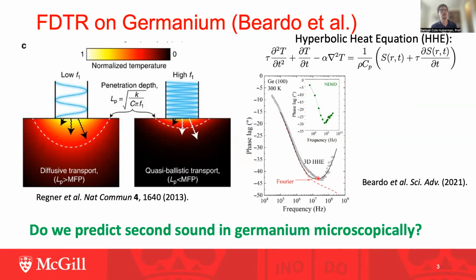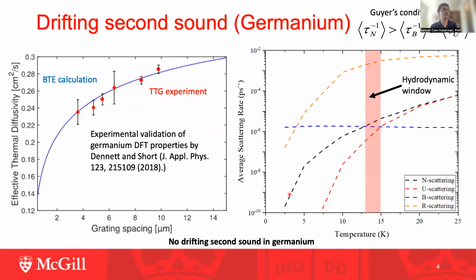And so what we're interested in working on is to understand this from a microscopic perspective. Do we predict a wave-like behavior in the temperature profile in germanium from microscopic theory? And to do this, we'll work our way through Hardy's three categories of second sound, beginning with drifting second sound.